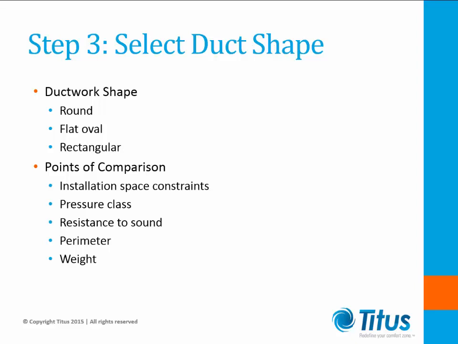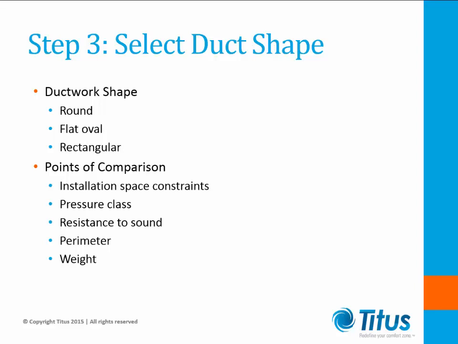Weight. Because round ducts are the most efficient shape in regards to perimeter and equivalent diameter, they utilize the least amount of sheet metal for a given airflow and therefore have the least weight per airflow. The second most efficient is flat oval, followed by rectangular.